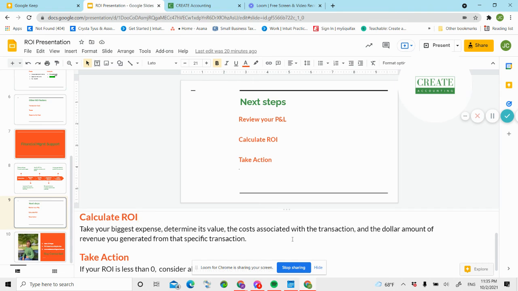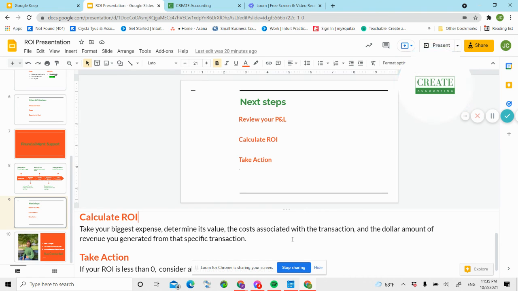What were the costs associated with that investment? Okay, so what was your biggest investment? What were the costs associated with that investment? And what was the dollar amount of revenue you generated from that specific investment?